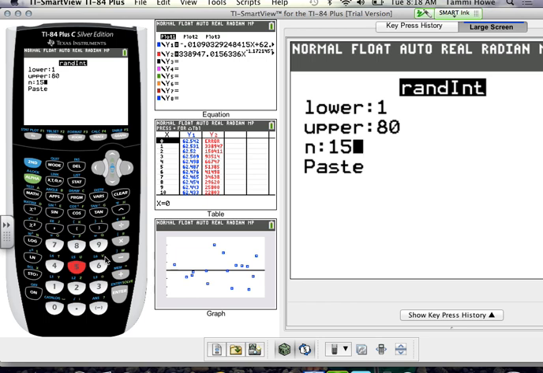Maybe Hannah shows up twice, and I don't really want to ask her twice what her test was. So the second time she shows up, I throw her number out and I get a new number. So what I've done right now is I've said from 1 to 80, generate 15 random integers for me.